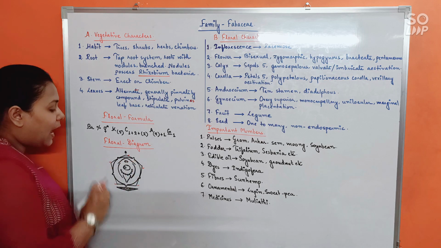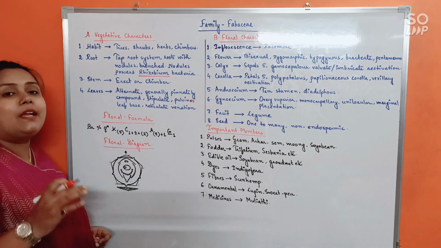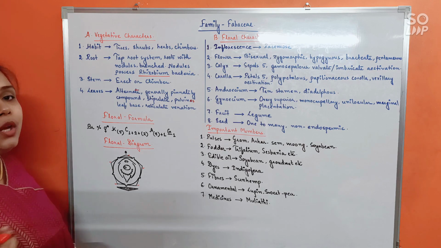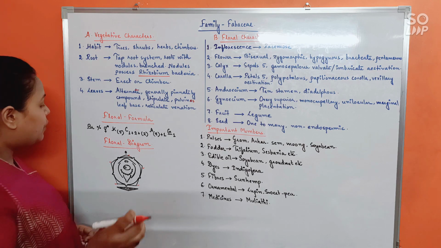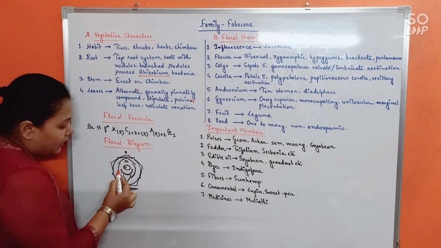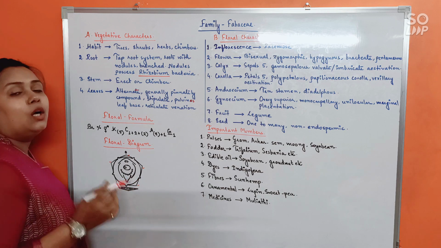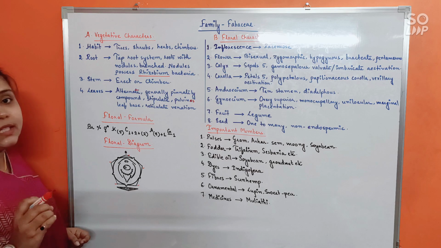Next, inside that remains the corolla. Now corolla, you know, is vexillary aestivation or papilionaceous corolla, right? So in that case, this being the vexillum or standard, these two are the wings, and these two, the smallest ones which are also fused, are the keel or carina.